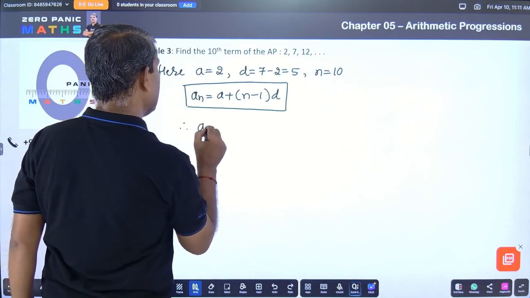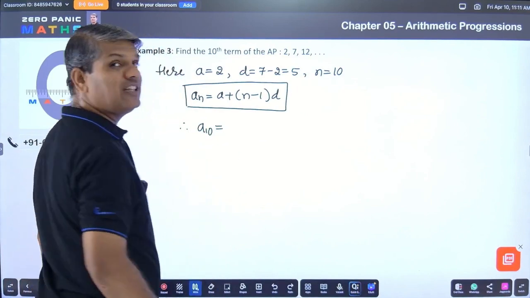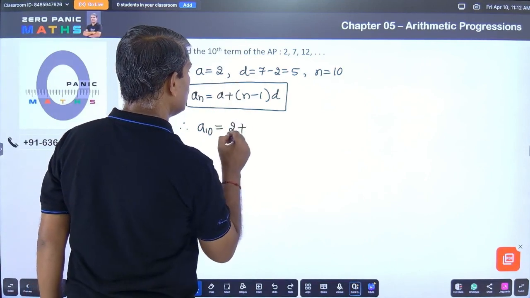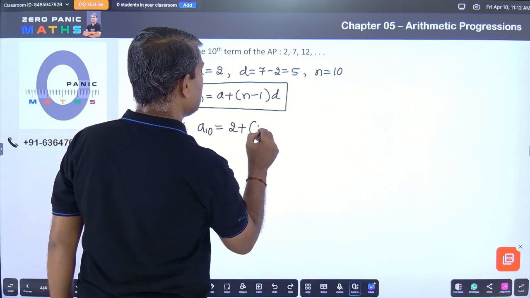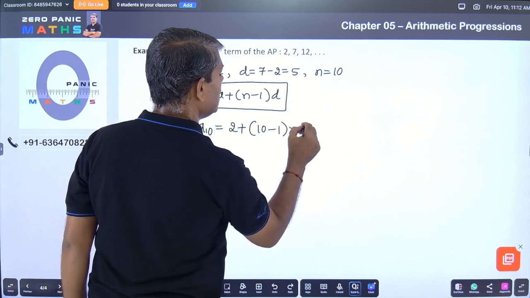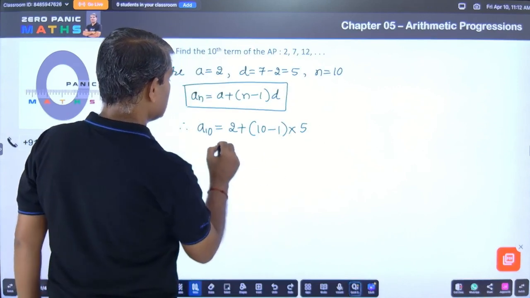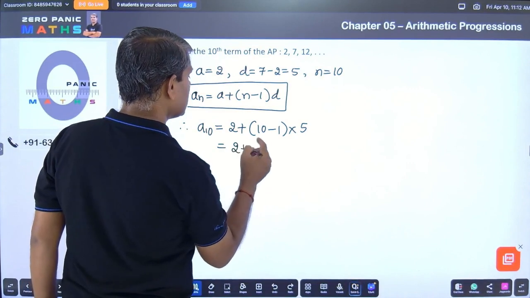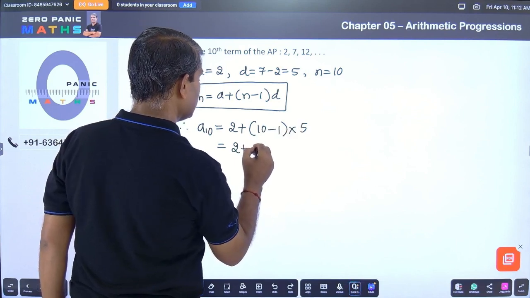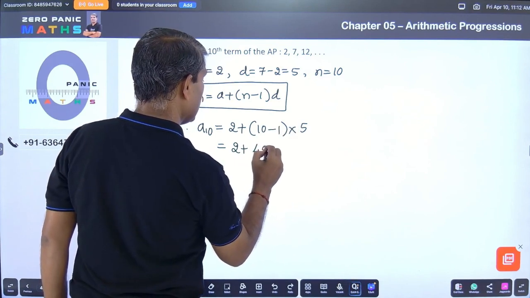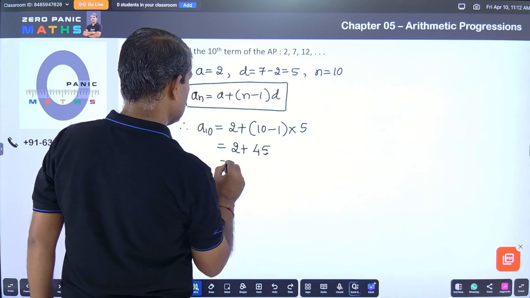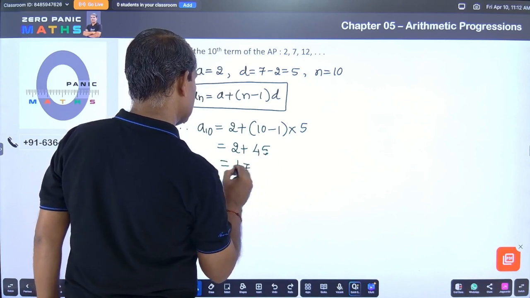Therefore a10, the 10th term, is a, which is 2, plus n minus 1, that is 10 minus 1, times d, which is 5. So 2 plus 9 times 5. 9 fives are 45, and 45 plus 2 is 47.